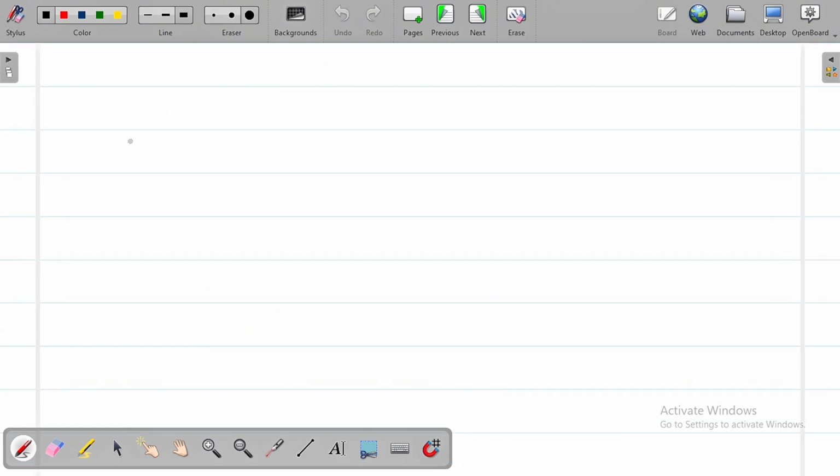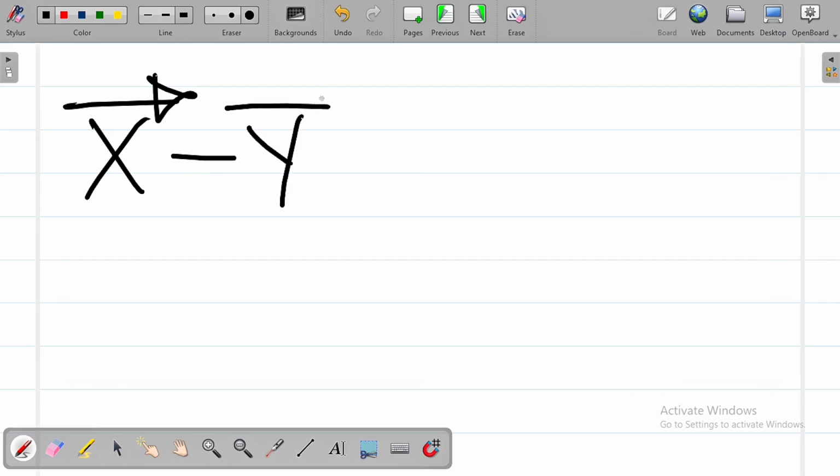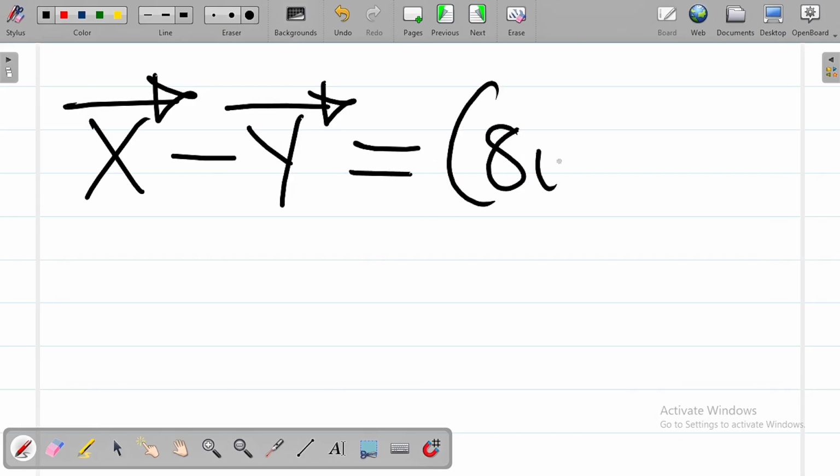All right, let's find vector x minus vector y. It is equal to, what's vector x? 8i minus 3j.